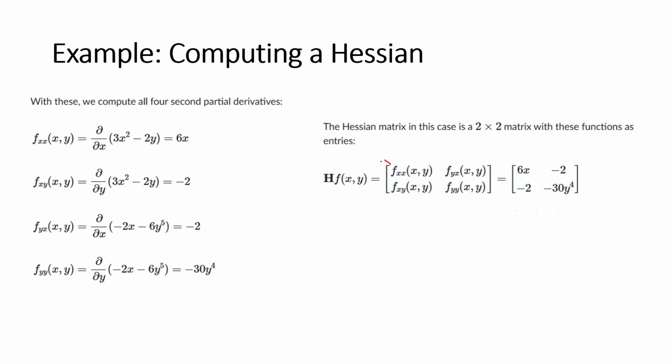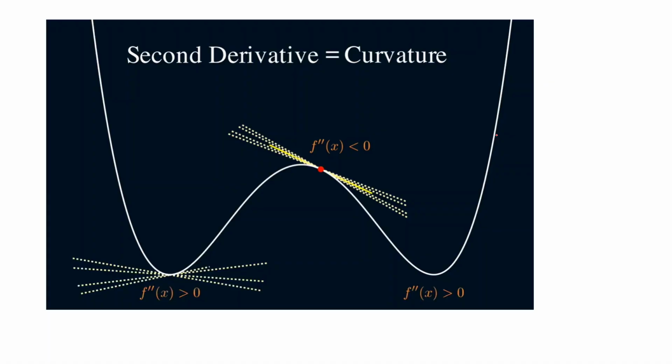Now our Hessian matrix for this function has the second order partial derivatives x with x and x with y in the first row, and y with x and y with y in the second row, which gives 6x, minus 2, minus 2, and minus 30 y to the power of 4. This is the Hessian matrix for this function.